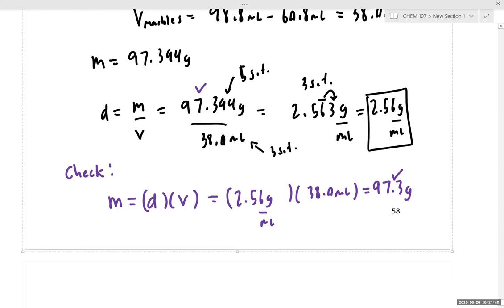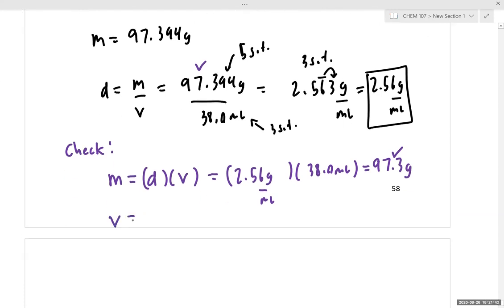Likewise, you can also check your work by recalculating the volume. To calculate the volume, you just take the mass over the density. So you take 97.394 grams over 2.56 grams per mil. That in turn gives us a volume of 38.0 milliliters.